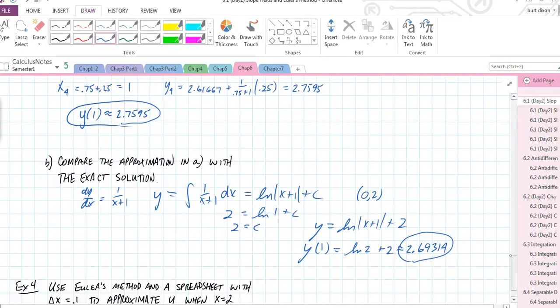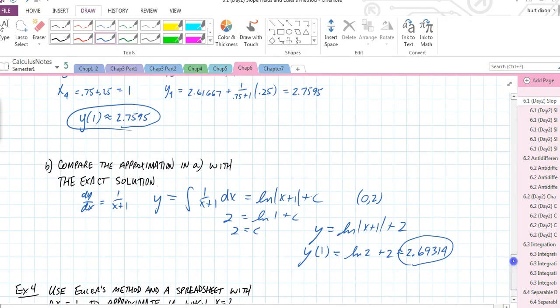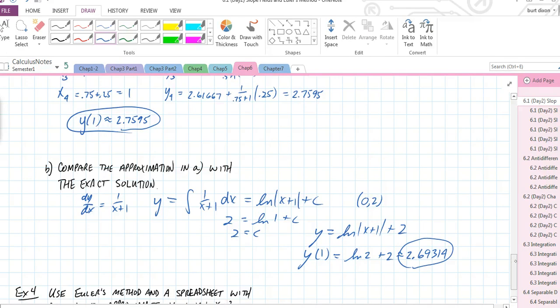We could improve our approximation if we had taken 10 steps with a delta x of 0.1, then we would have gotten much better results. Or you could take 100 steps with a delta x of 0.01, and we'd have, I'm sure, very good results. And so smaller step sizes are great, but that also means you need to repeat Euler's Method, the process, many more times.